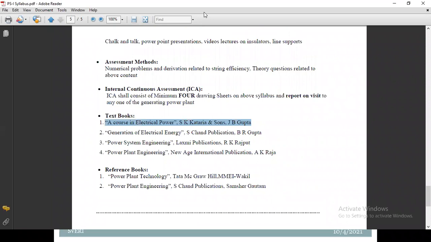Everybody got which book is ours for this subject? Shruti, is my voice audible to you? Yes, sir. Okay, you can write down the name of this book, A Course in Electrical Power by JB Gupta. This is the name of our author.